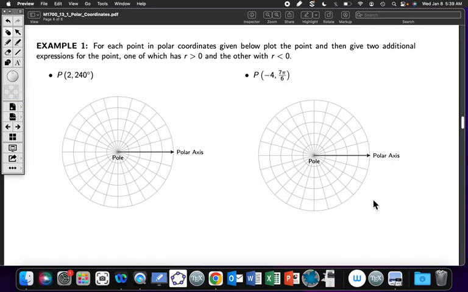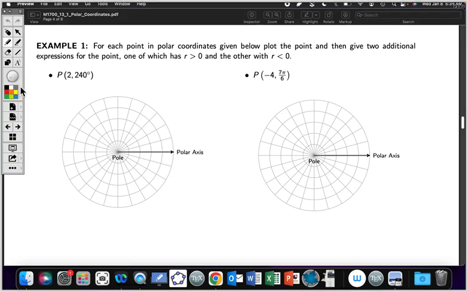Look at example 1. In each example, we're asked to plot the point given in polar coordinates and then find 2 alternative representations. One which has r bigger than 0, a positive r value, and one that has a negative r value. So let's start here. Our first example, the point P, 2 comma 240 degrees. So here we've got the pole and the polar axis.